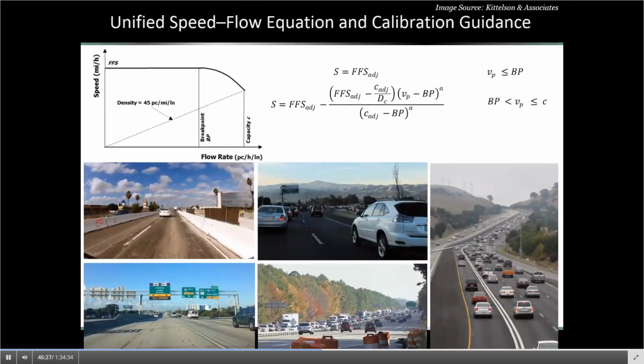But the reality is that especially many of our urban freeways do see congestion and see capacities significantly lower than 2,400. The HCM explicitly recognizes this, gives guidance for how those effects should be incorporated in the methodology, and even gives guidance for field estimating that capacity based on available sensor data.